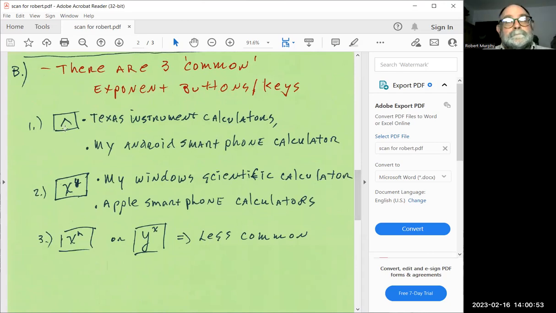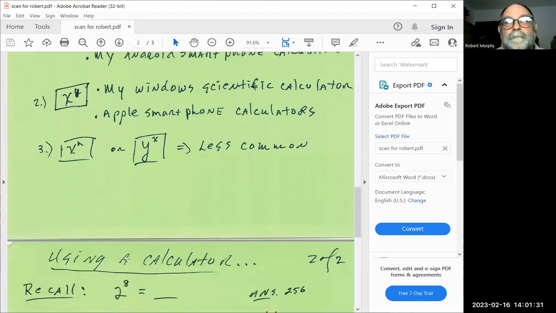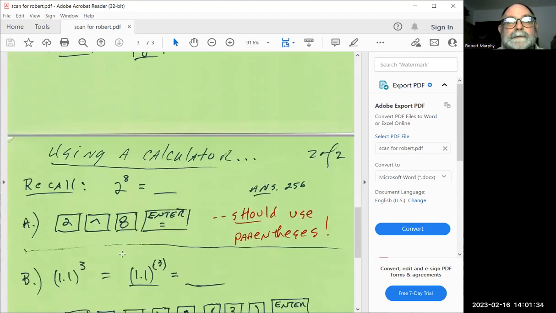My Windows scientific calculator, and I'm using Zoom on Windows, and an Apple smartphone calculator use X to the Y power. That's the exponent key. And then others, I've seen X to the N and Y to the X. Those are less common. That's why I put common in quotation marks originally.